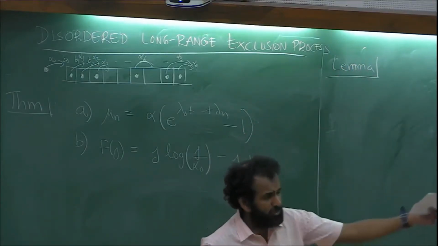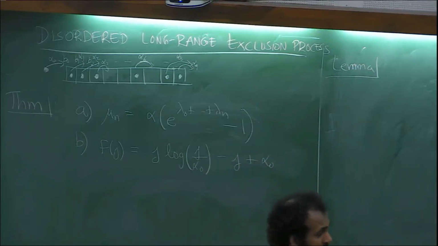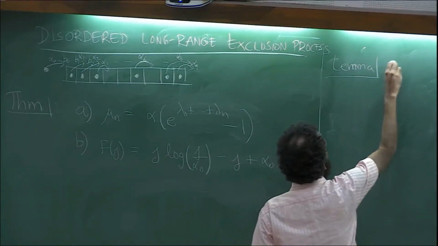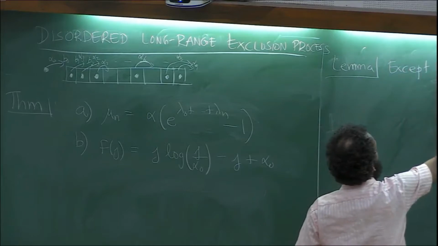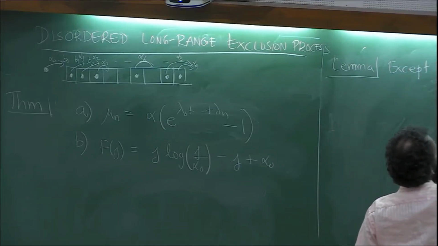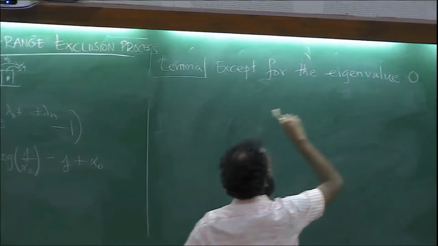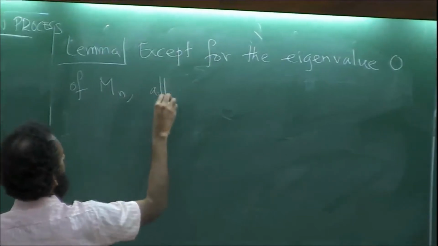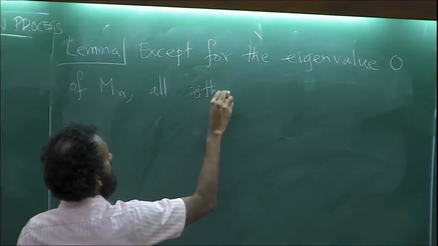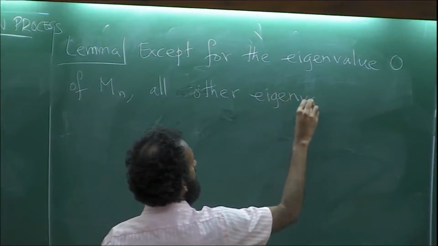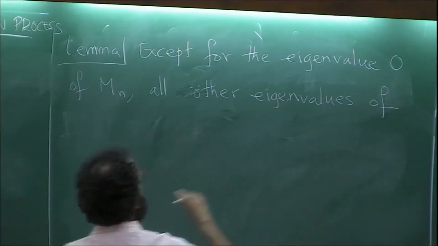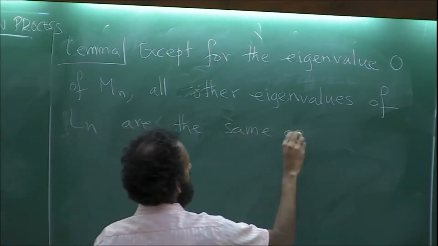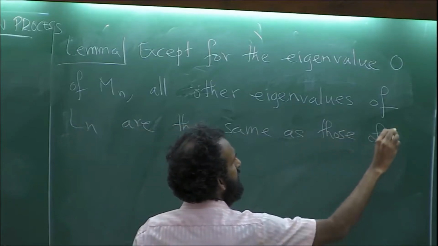So if I look at the eigenvalues of Ln, they're also given by the same kind of formula as before. In fact, except for the eigenvalue 0 of Mn, all other eigenvalues of Ln are the same as those of Mn.